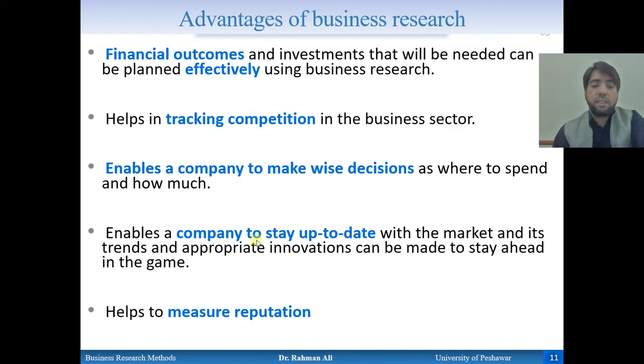Similarly, the company can stay up to date. This is one of the most important advantages of business research. If a business has no research, how will they know the current situation of the market, what the trends are, what the future demand of the customer will be? If they have no research, they will be outdated and the competitor will lead the market.